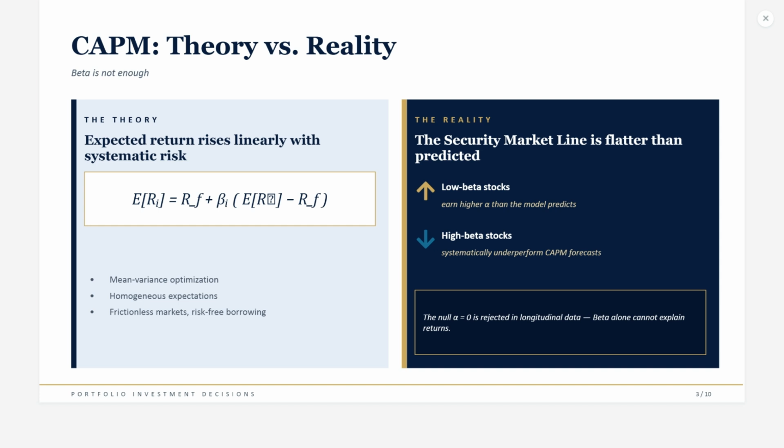And the null alpha, or alpha equals 0, is rejected in longitudinal data. Beta alone cannot explain returns.